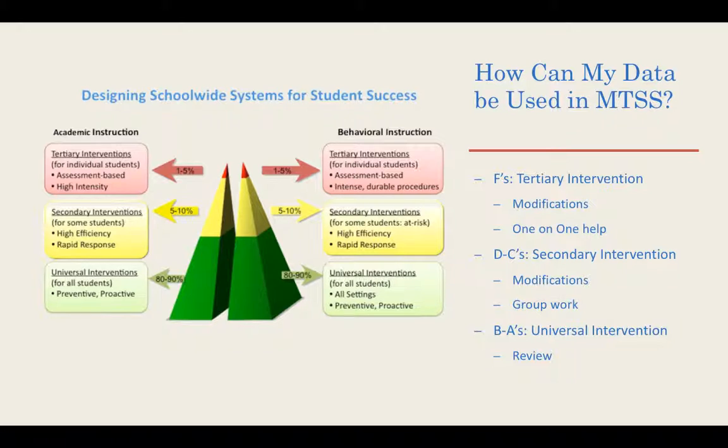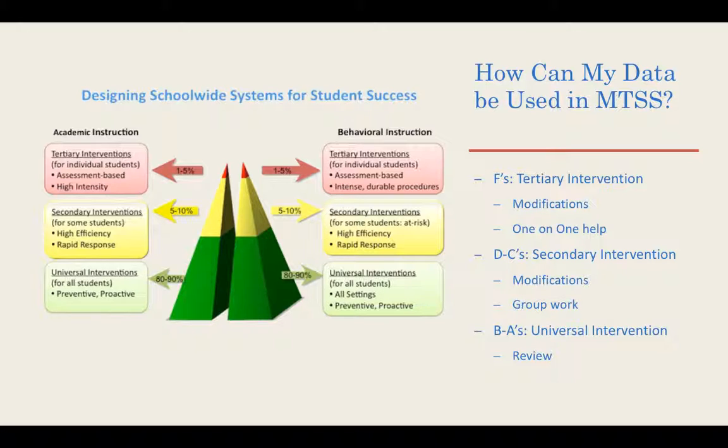How can my data be used in MTSS? Well, for the academic instruction of interventions, if my students were failing, I would intervene with modifications on the tests and offer more one-on-one help, as well as possible different settings for tests and reading tests aloud. If a student was getting a D or C, I would have secondary interventions with some modifications.